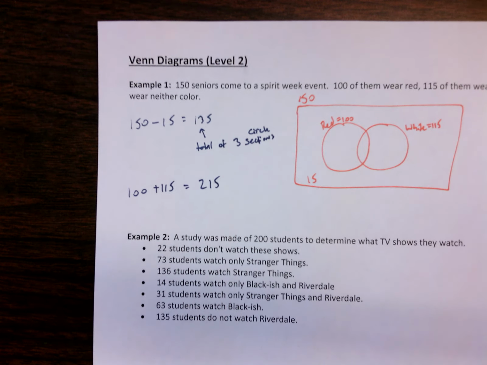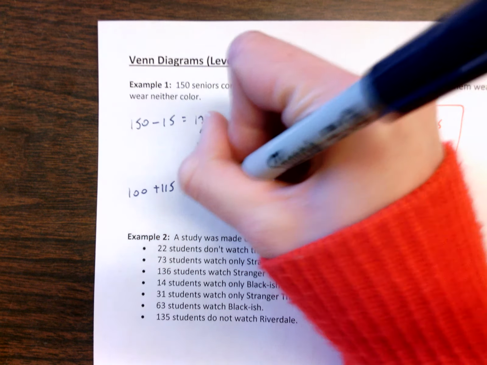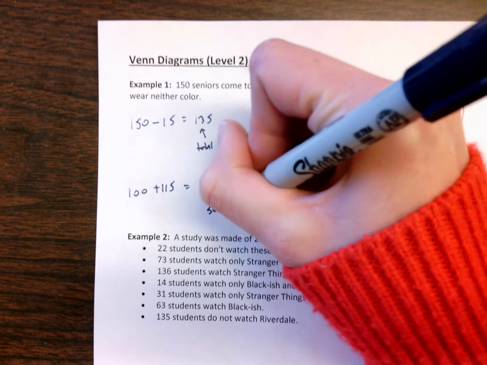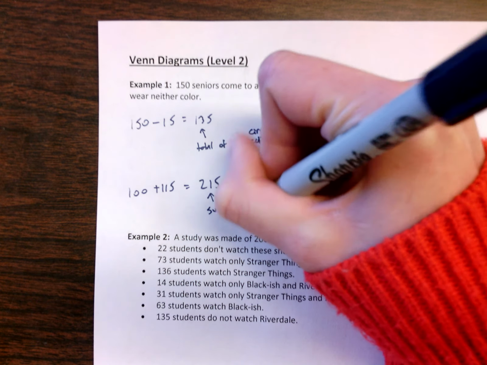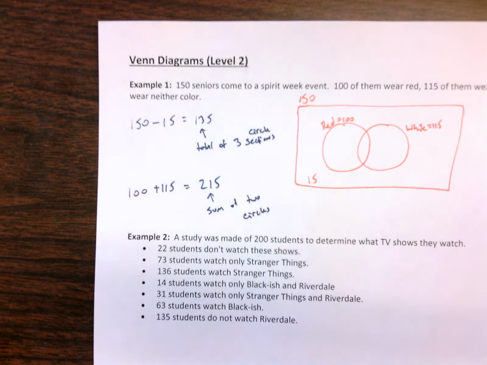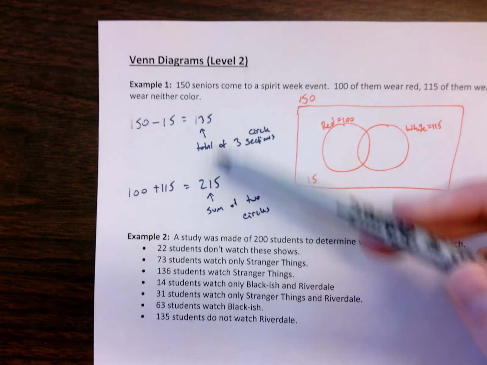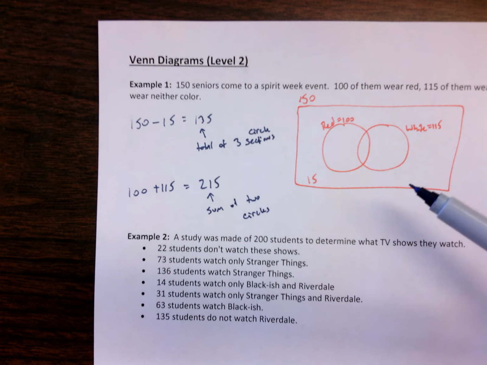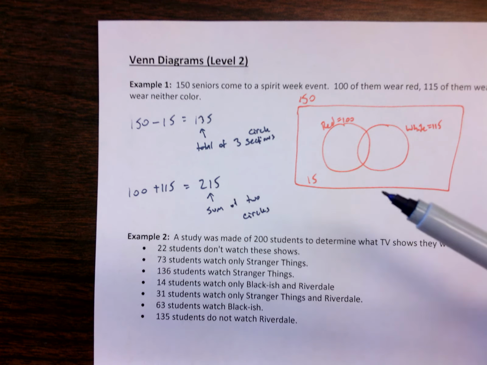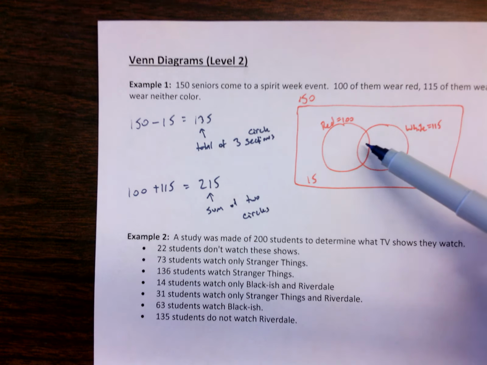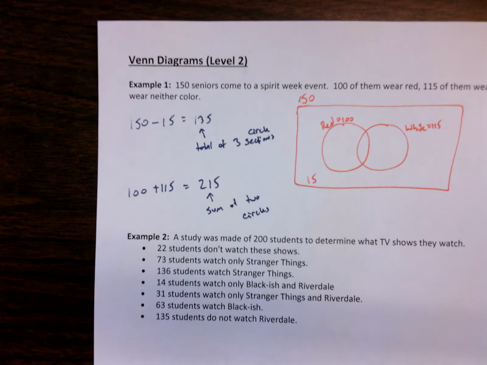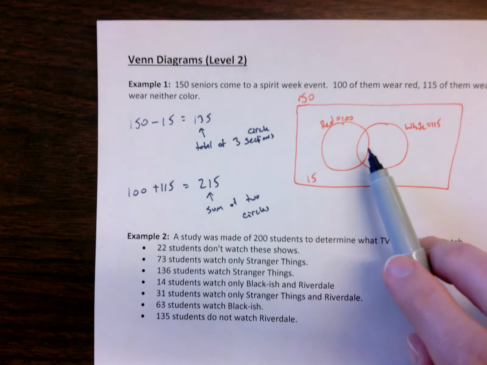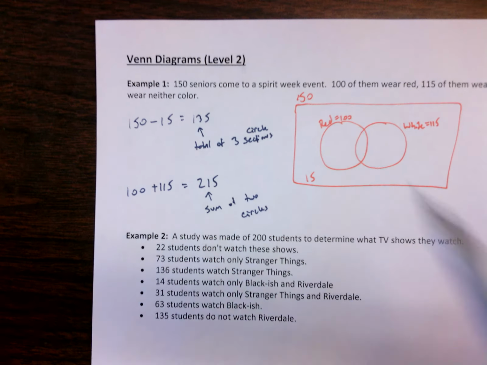Okay, so this 215, right, that's just the sum of the two circles. All right, and obviously we've got a discrepancy here, right? We have too many people if you just add up the two circles. Why? Well, because you're counting these people twice. So the people who are in this section got counted twice, right? Think about it for a second.